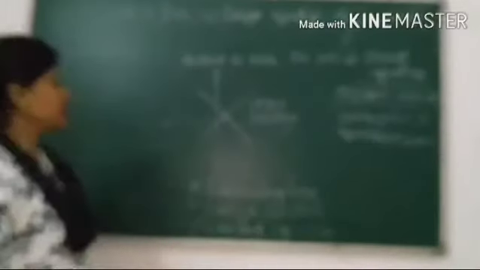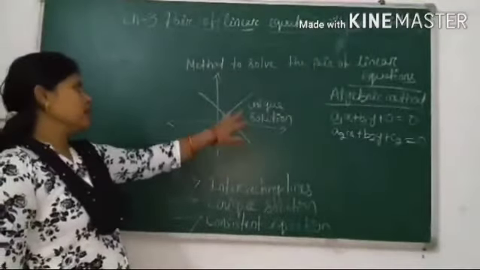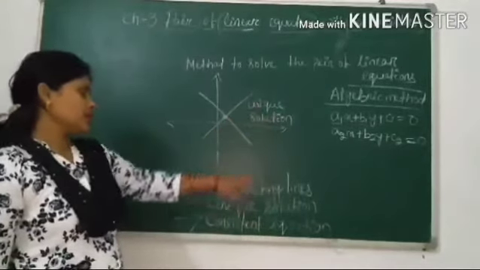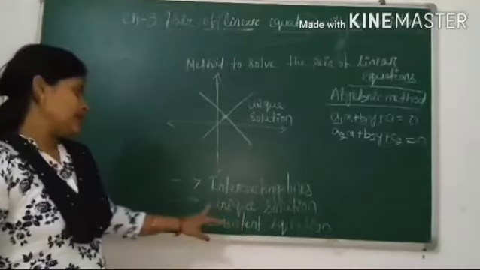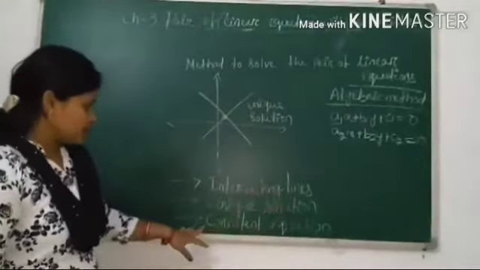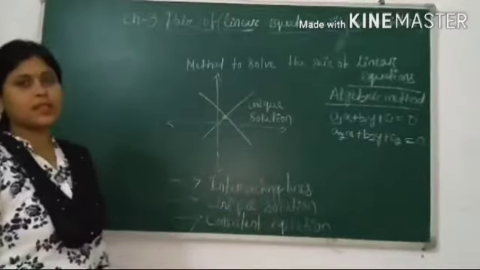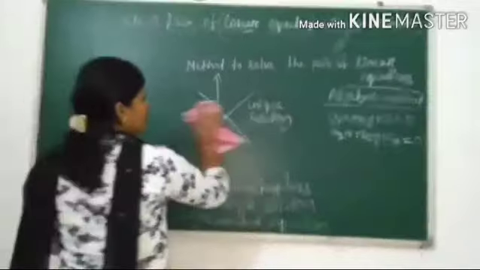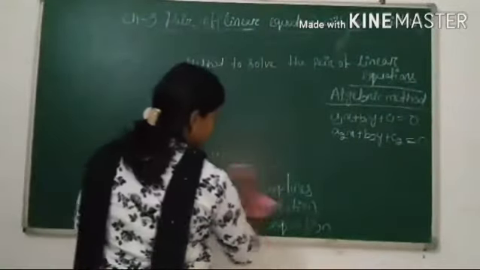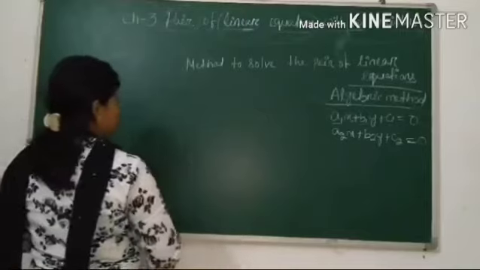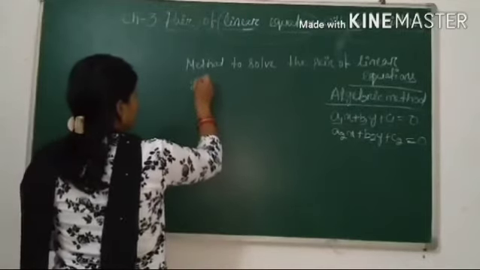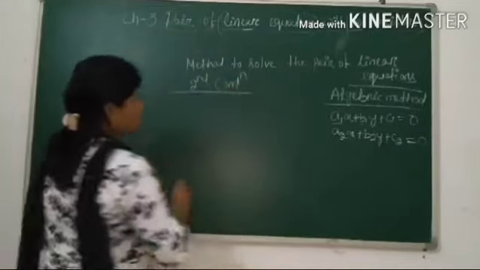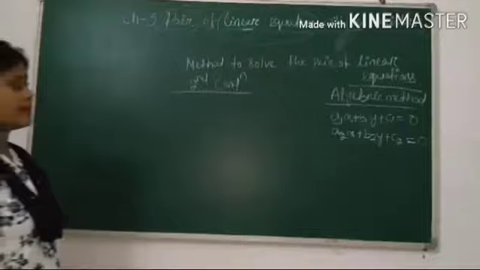Understood the first condition? I am getting one intersecting point here. Intersecting lines mean a unique solution is possible, and a unique solution represents what? A consistent equation. Got it? Then come to our second condition. So let's see again how to compare the coefficients in the second case.